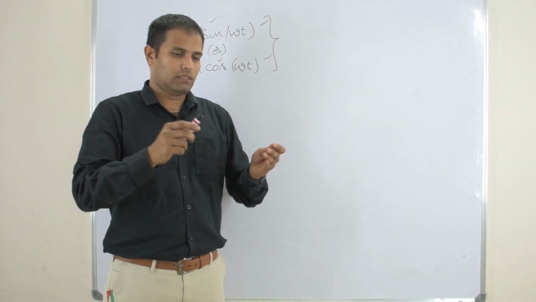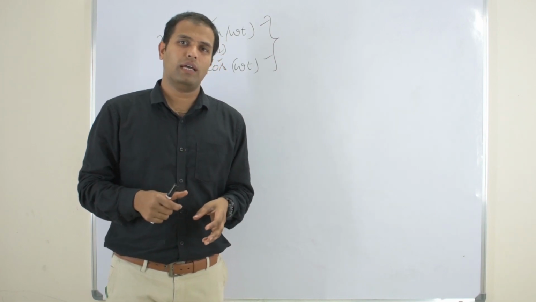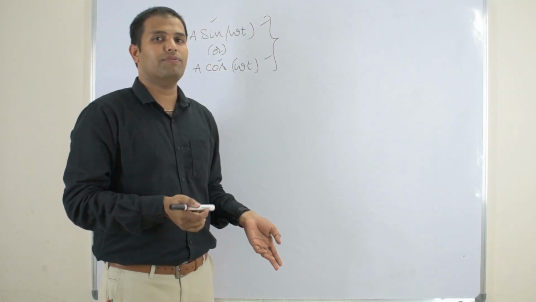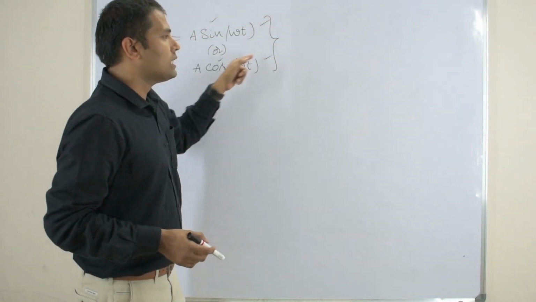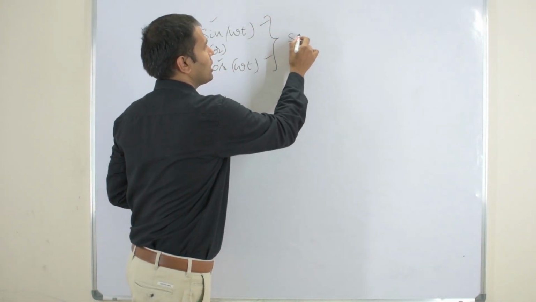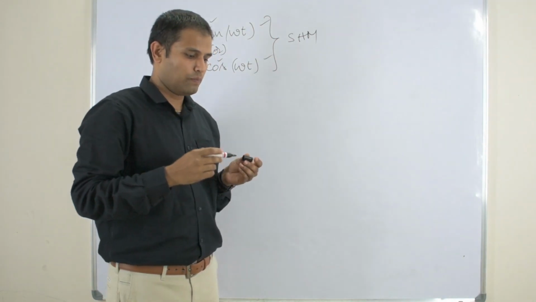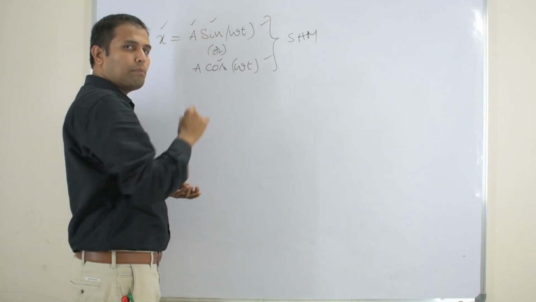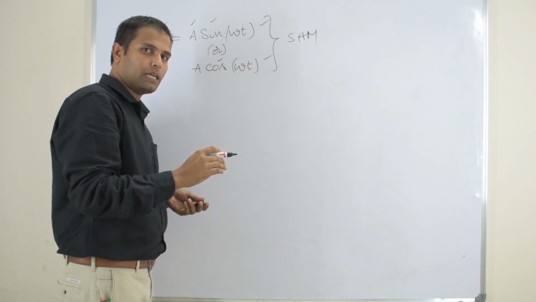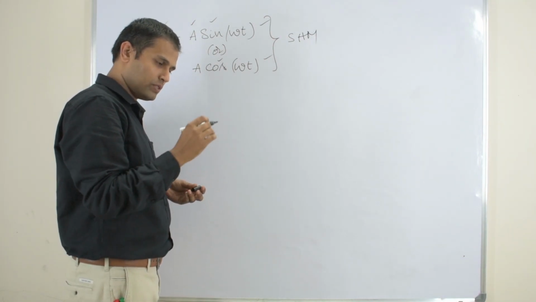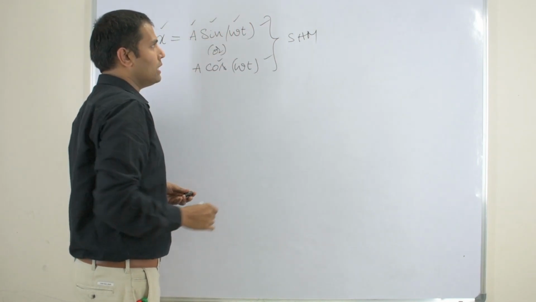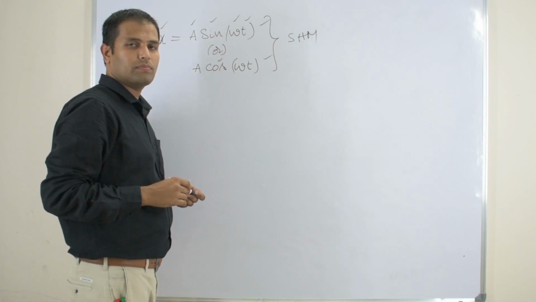Yes, you can mathematically define the simple harmonic motion with these equations. Here x is the displacement, a is the amplitude of the particle or system, omega is the frequency and t is the time.